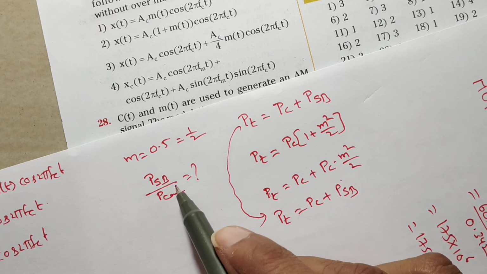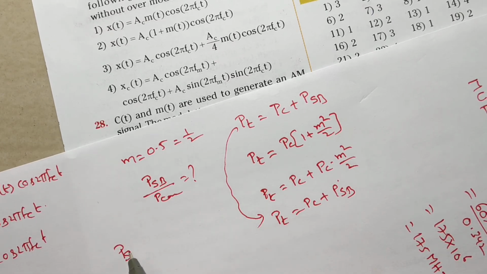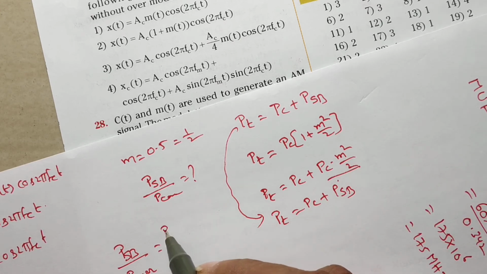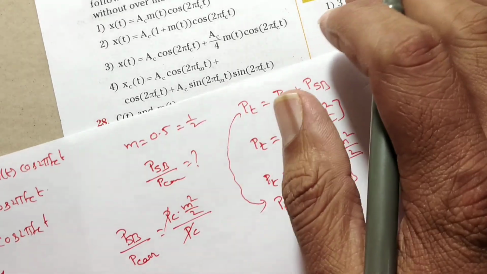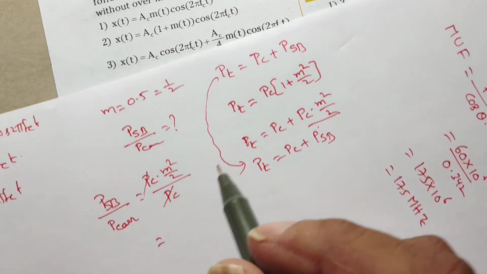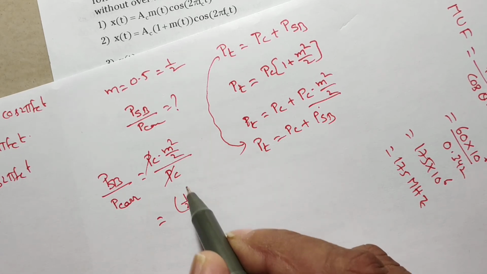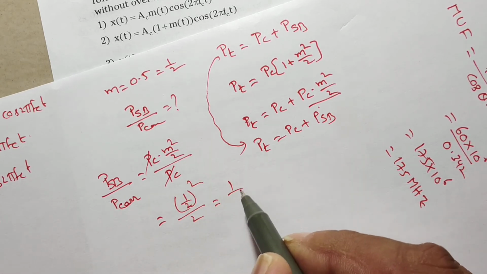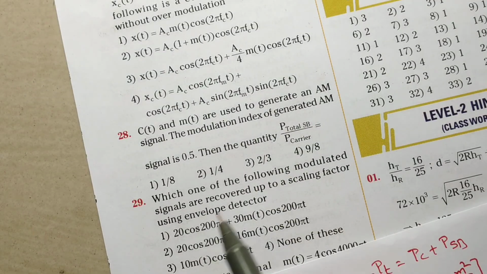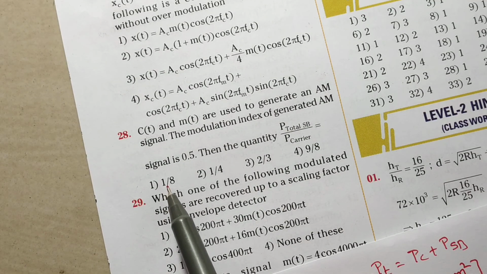Now PSB divided by P carrier is PC into m square by 2 divided by PC. PC gets cancelled. The modulation index m is 0.5, 1/2. So 1/2 whole square divided by 2 means 1/8. 1/8 is the correct answer. So the first option is the correct one.